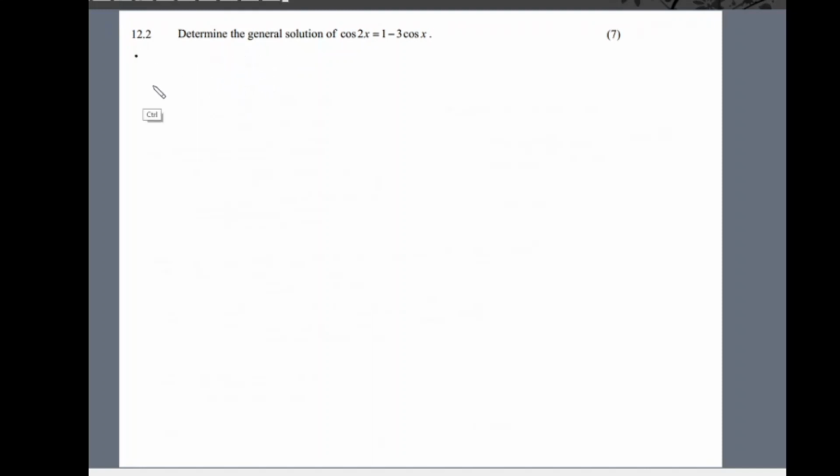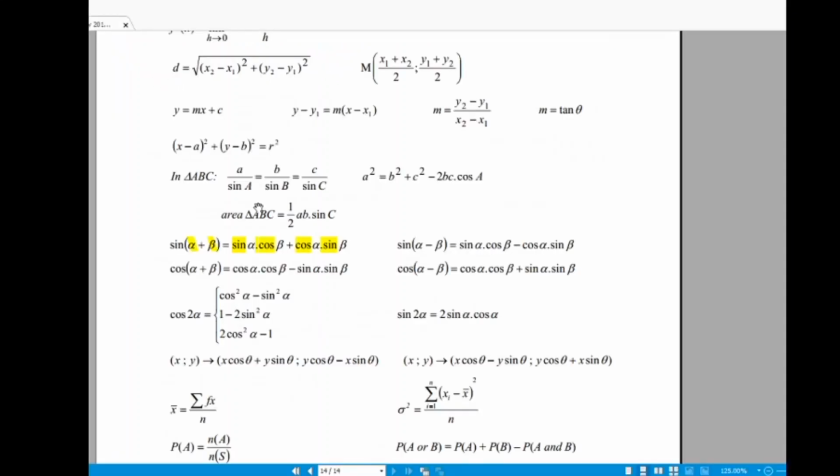So we have cos 2x is equals to 1 minus 3 cos x, right? Remember what this is, cos 2x can be written as cos squared x minus sine squared x, or 1 minus 2 sine squared x, or 2 cos squared x minus 1, right?